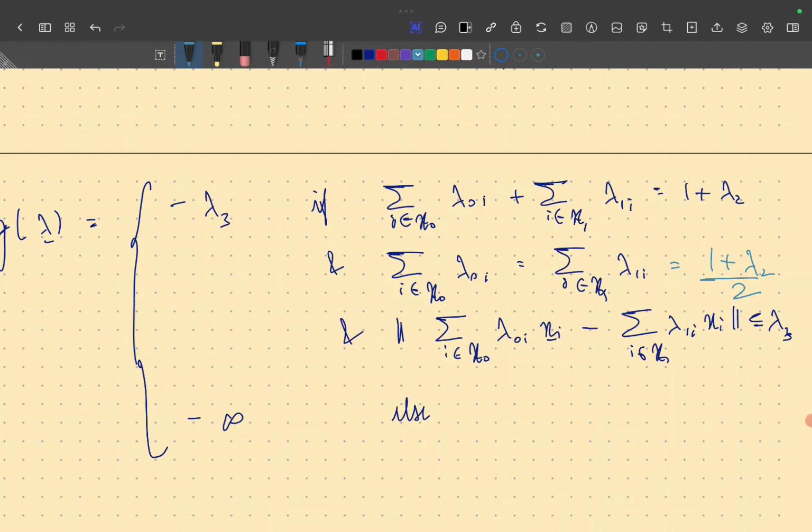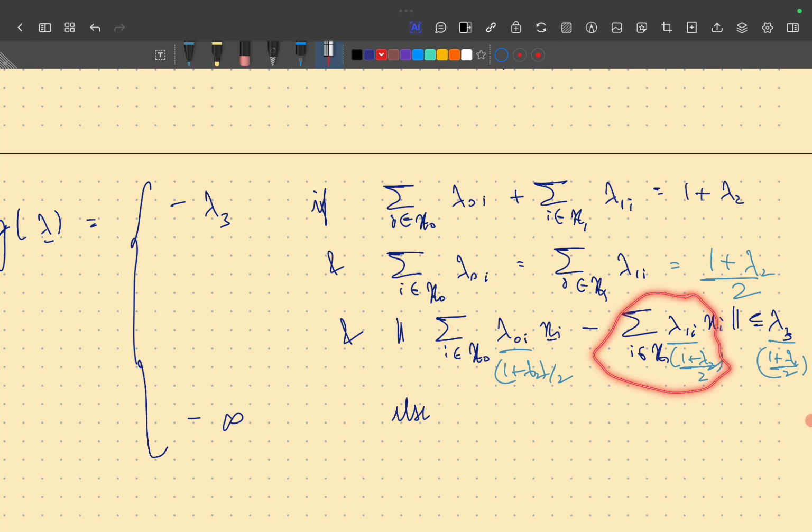If I normalize this, dividing by 1 plus lambda 2 by 2, then this quantity is nothing but a convex combination of the xi's of points labeled 0.